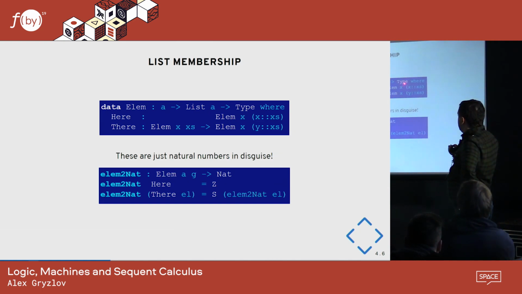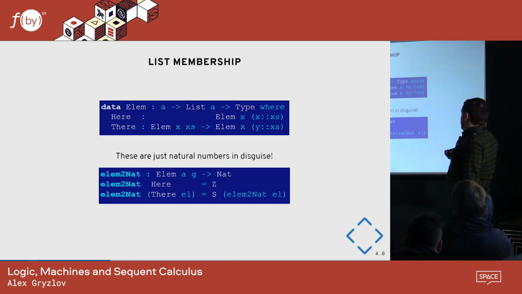A member is either at the head, so it's explicitly at the head of some list, or if X is in some list XS, then it's somewhere there. It's also in the list where you have some Y, which is not equal to X. So either it's in the head or it's somewhere in the tail, and then you can recursively find out where it is.